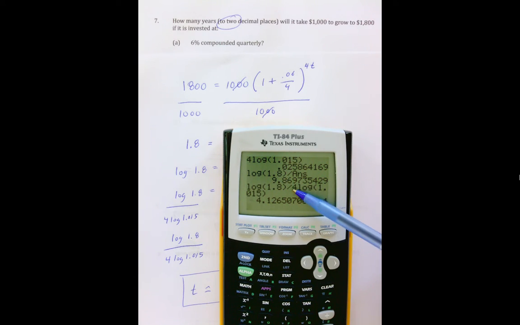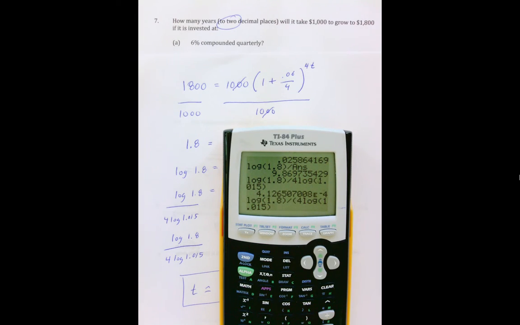It's dividing by 4 and then multiplying by, taking log 1.8 divided by 4 and then it multiplies by the log of 1.015. We don't want that. We want the log of 1.8 divided by the quantity 4 times the log of 1.015. And we do that, we get the right answer.